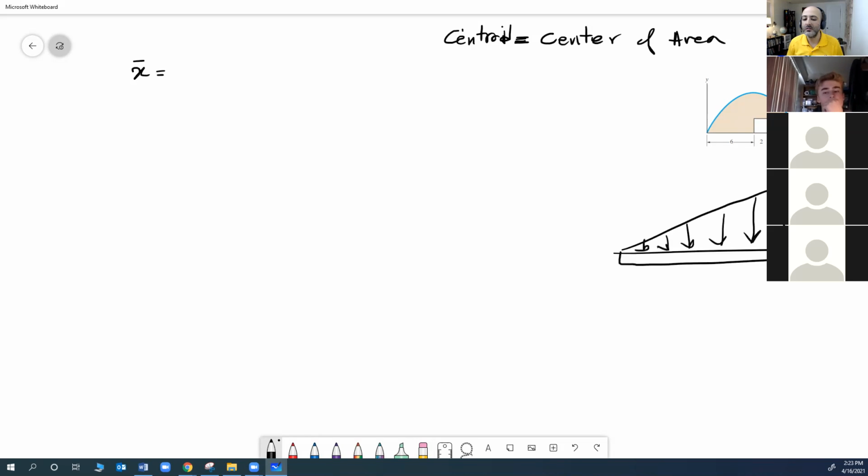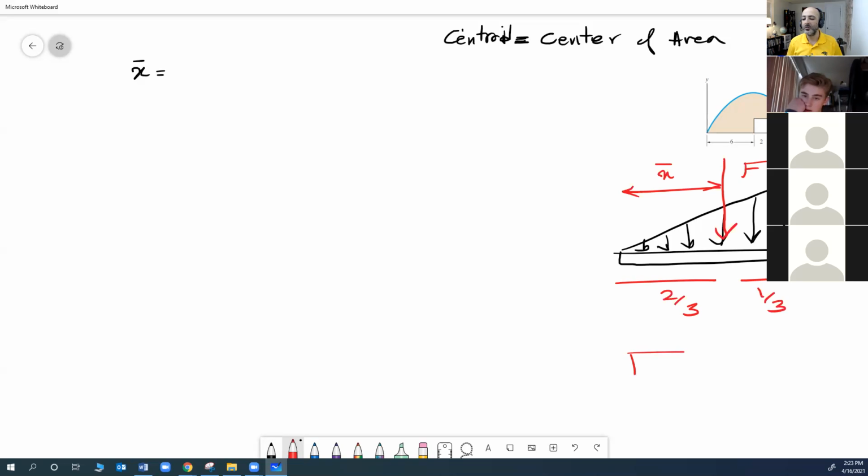We said, hey, the equivalent force is located at centroid of this area. Show it with the X bar. So we know for this it is 2/3 and 1/3 here. For a rectangular area, this is located at center, right?